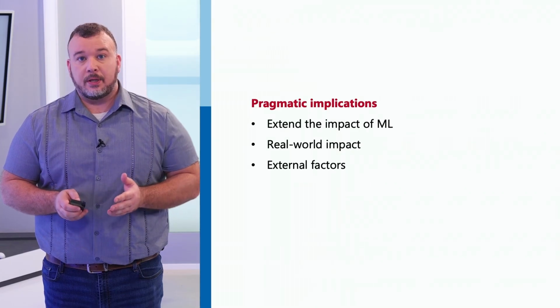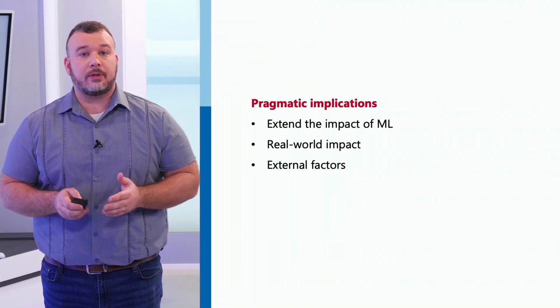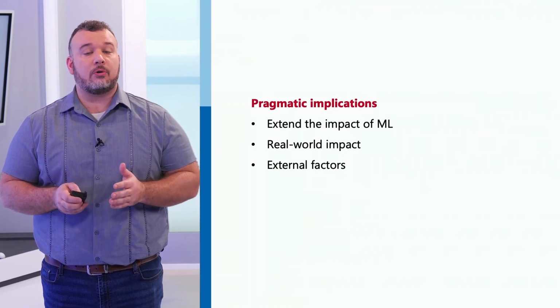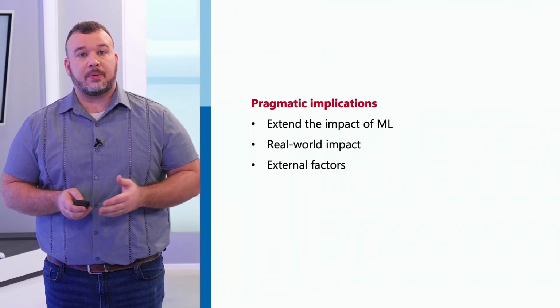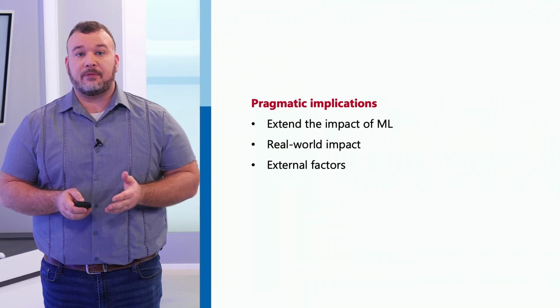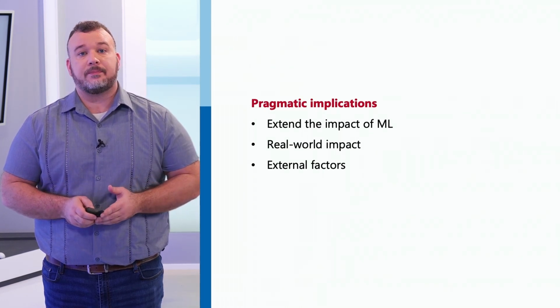When deployed, machine learning models interact with users' systems in real-world environments, introducing complexities absent in controlled test setups. External factors like user behavior, contextual shifts, and feedback loops can amplify or suppress outcomes in very unexpected ways. So why is this important?